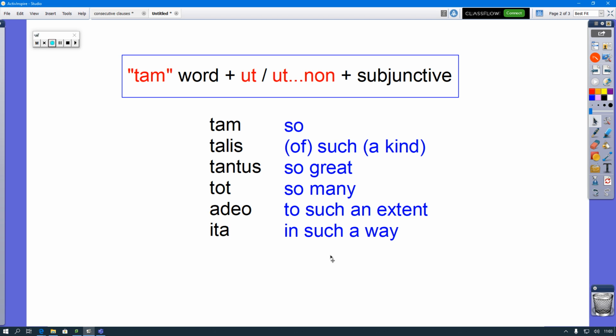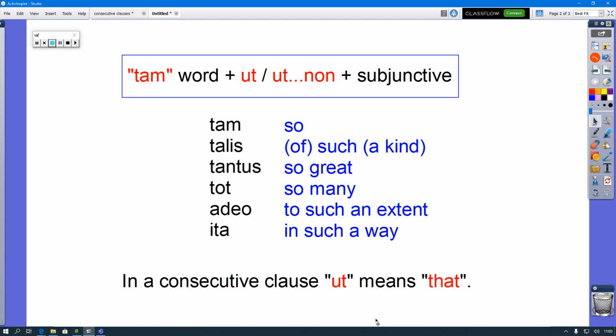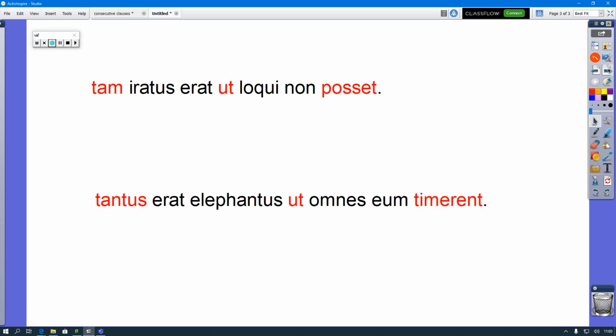Now, because so many of these have the word "so" in the meaning, another rule that we can take for consecutive clauses is that in a consecutive clause, ut means "that". You should never be writing "so that" in a consecutive clause. The "so" will be separate at the beginning of a sentence. Let's see how that works in practice.